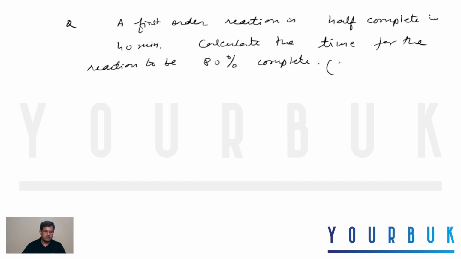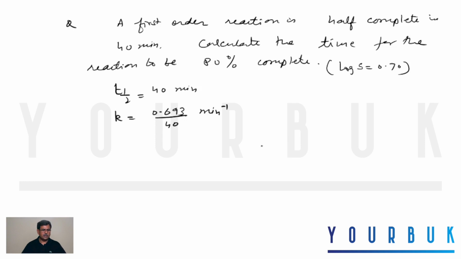Log 5 value is given, log 5 is equal to 0.70. Now first, it's half complete, so the half-life is given. It's 40 minutes. So from this we write the expression for K: 0.693 upon 40 minute inverse.